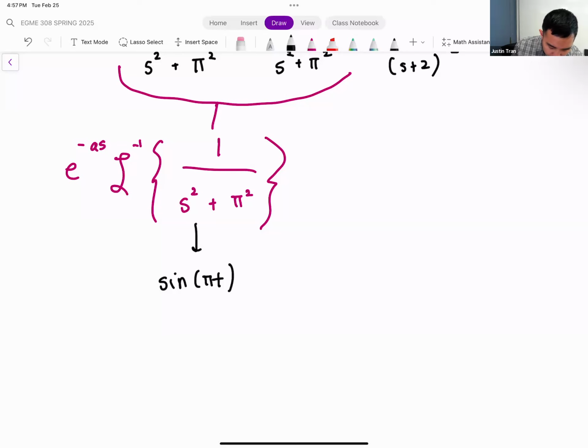And then we have our shift, e to the minus as. Okay. So let's do each of them individually. Oh, I'm sorry, it's sine of pi t divided by pi. We need to divide by the frequency.